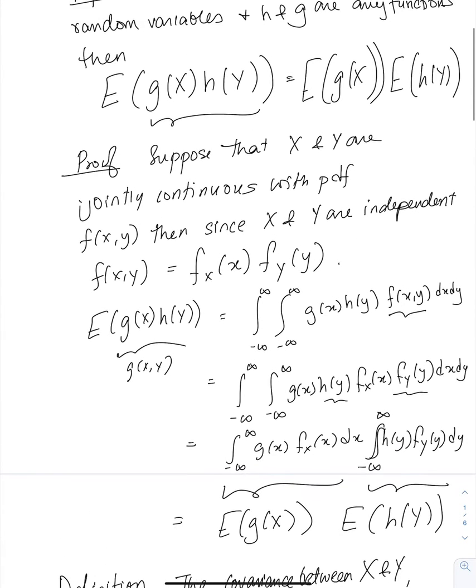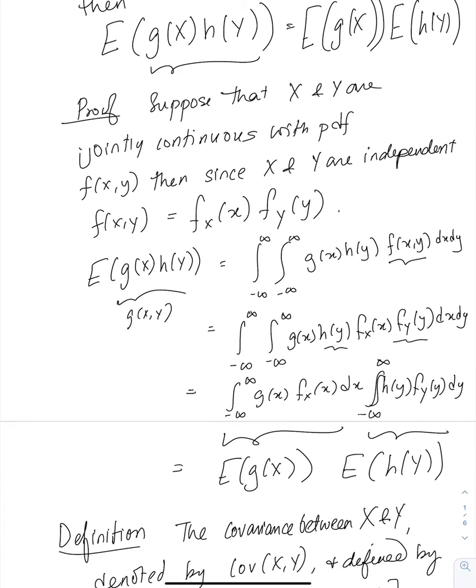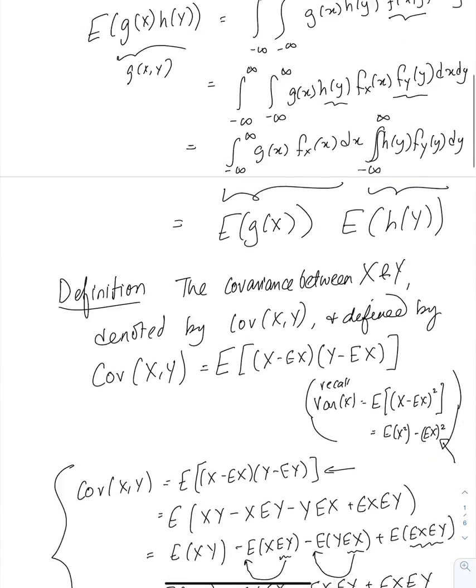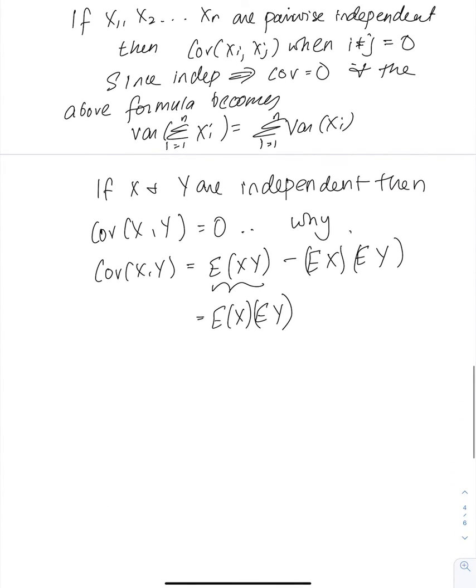If x and y are independent, then the expectation of g of x times h of y is the expectation of g of x times the expectation of h of y. So take g and h both to be the identity functions. So it's expectation of x times y. And just applying that over here, you have that the covariance, which is the expectation of x times y minus expectation of x times expectation of y, turns out to be this, and this stays the same.